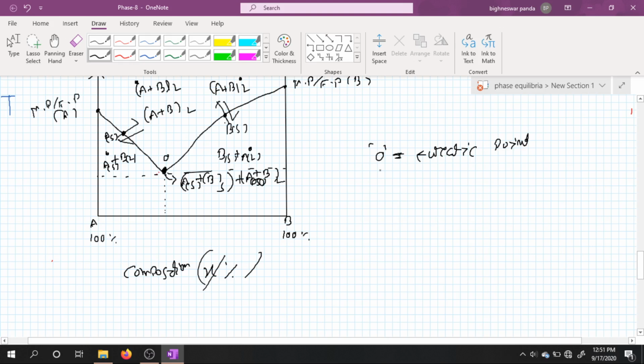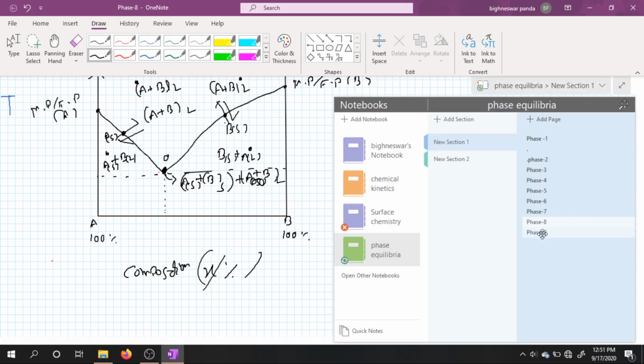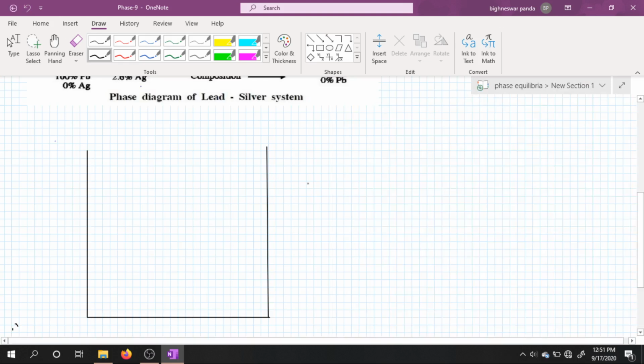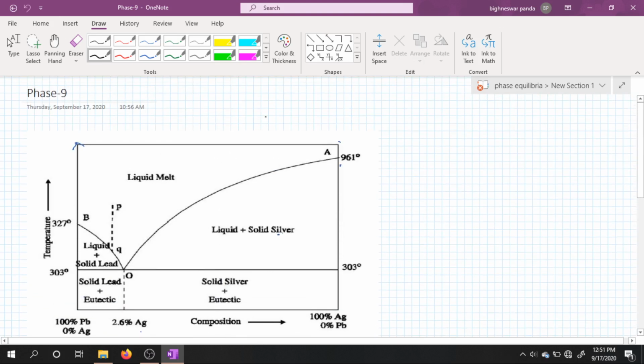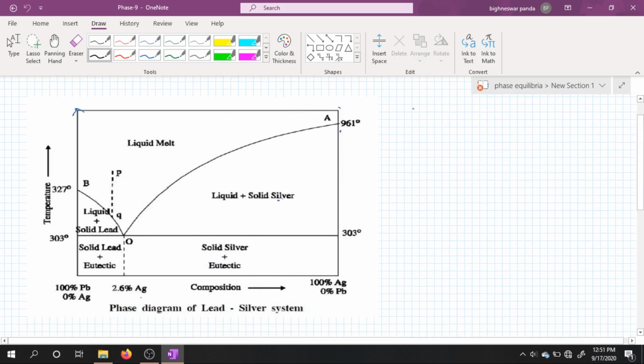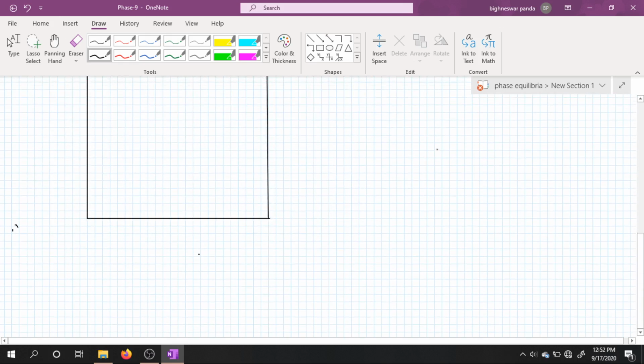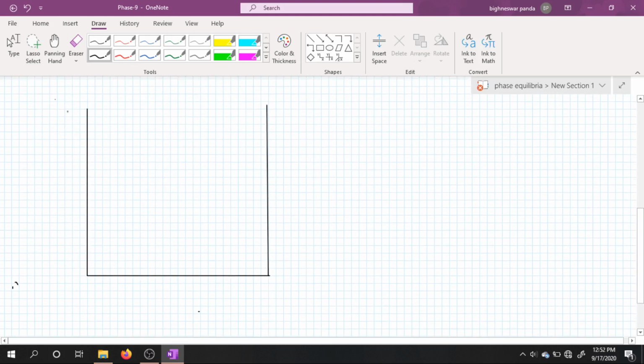So by using this type of application, we have to separate lead from silver. Consider this is for lead, this is for silver.